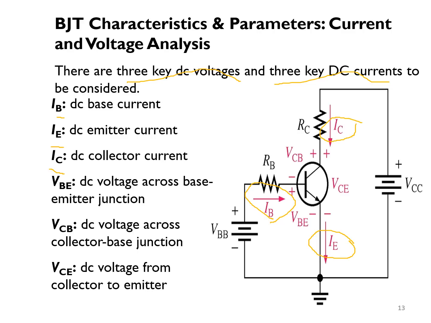For the 3 DC voltages, we have VBE, base-emitter, VCB, collector-base, and VCE, collector-emitter.